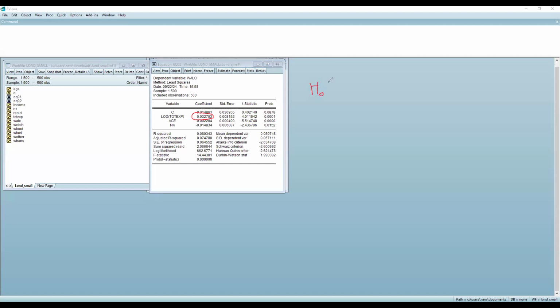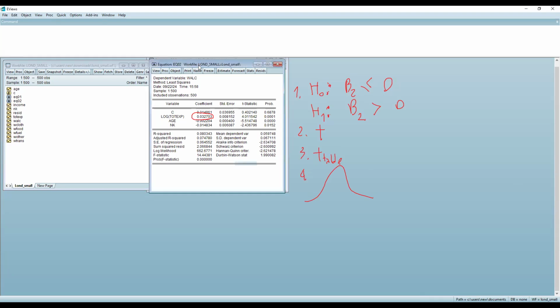H0 versus H1. If you have to do it by hand, you may have to compute T, open the T table, and then make a conclusion, right? But we will do it using EViews.